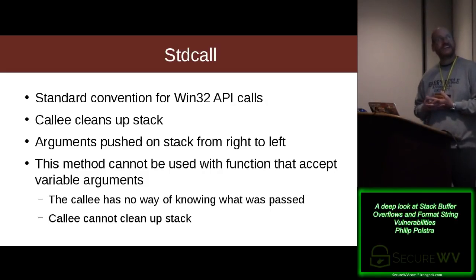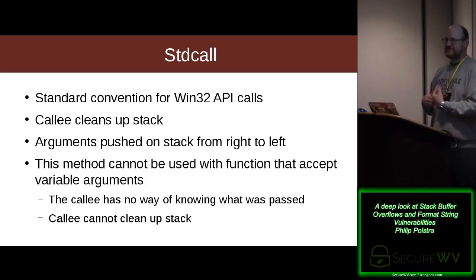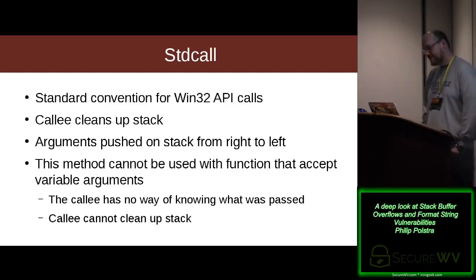Here, the callee cleans up the stack. So I just push stuff on the stack, call my function, and then it returns, and I don't have to do anything else. It's easier for me to program with this. Same thing, arguments pushed on from right to left.